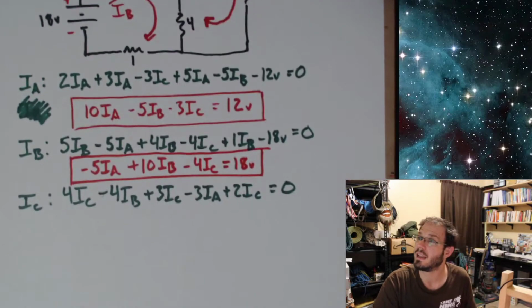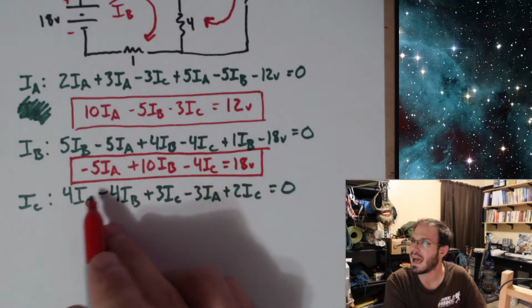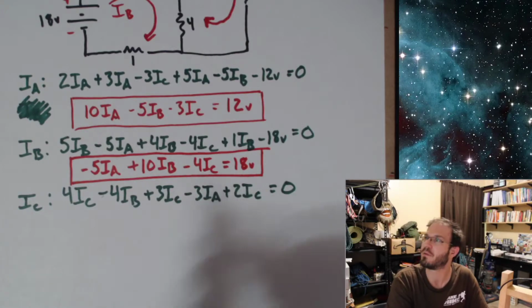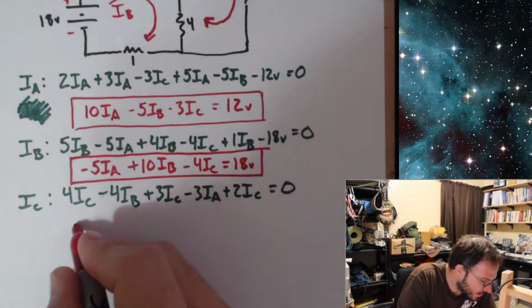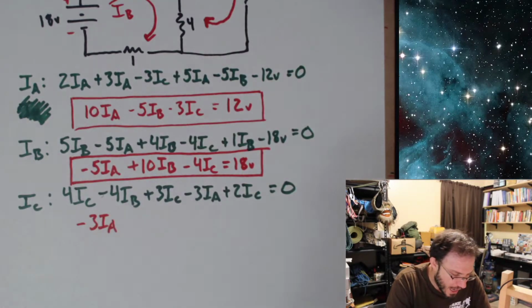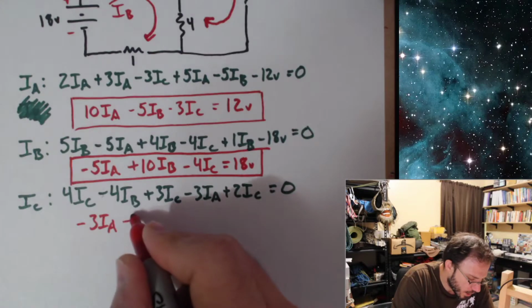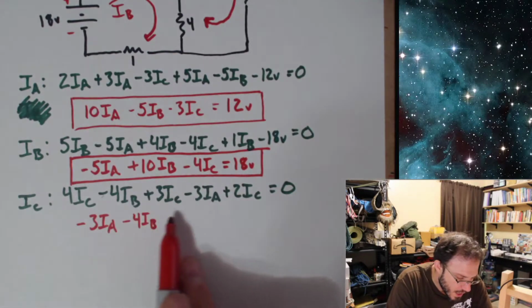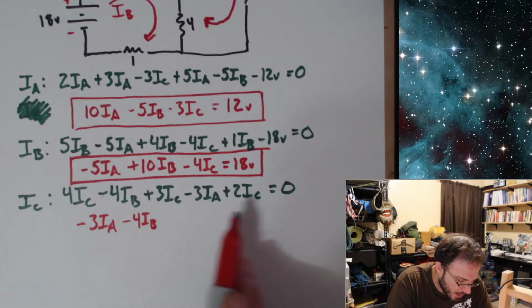Let's go ahead and do the last one. Okay, IAs, I have one term of IA, which is a minus 3. So minus 3 IA. For my IBs, I have a minus 4 IB. That's the only one.